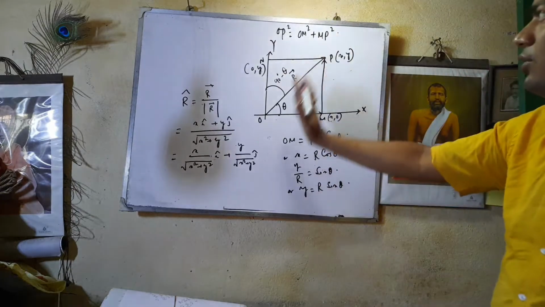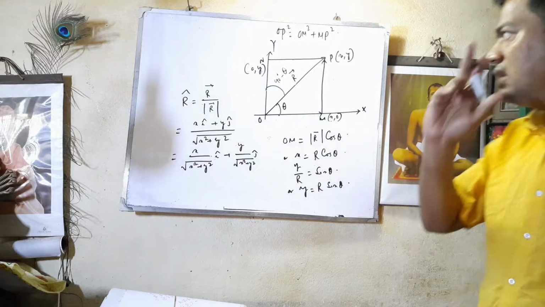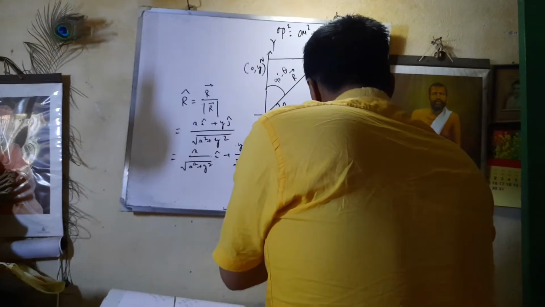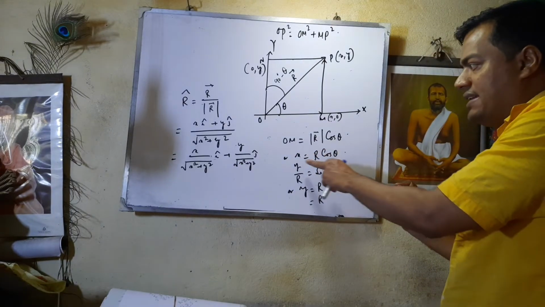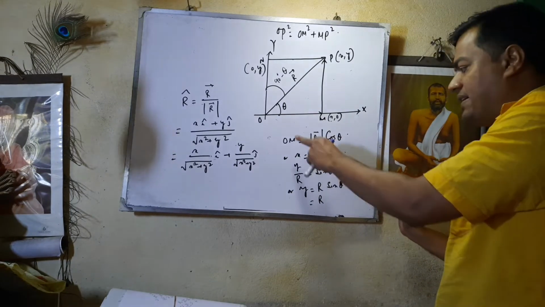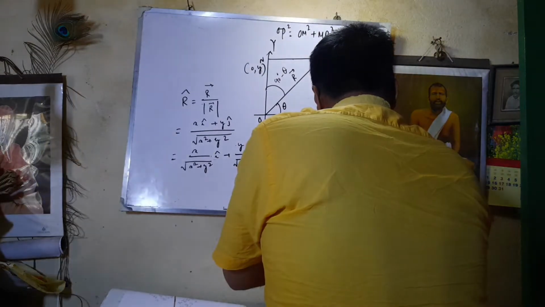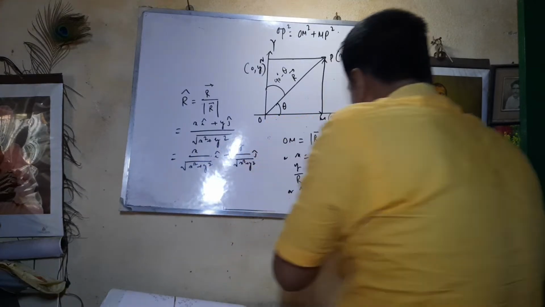So the component of the vector along positive y axis, in the similar way as we have written the x component, is r cos of 90 minus theta, which is simply r sin theta.